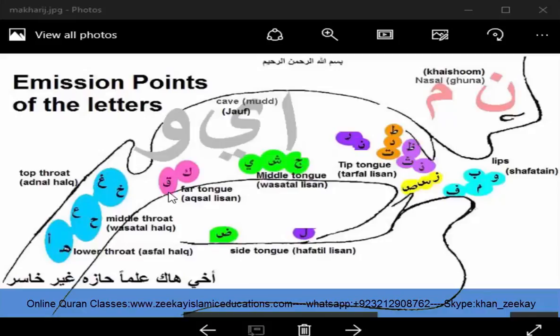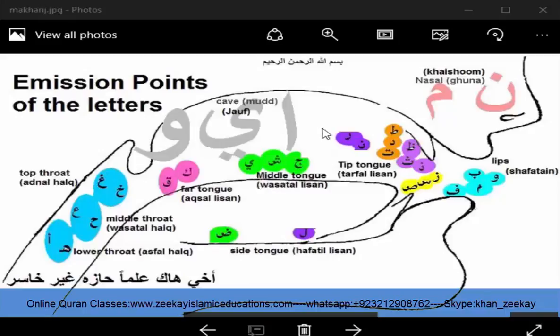These two letters are known as huruf al-lahatiya. The next origin is the center of the tongue when it touches the palate. From this part, the letters ya, shin, and jim are pronounced.